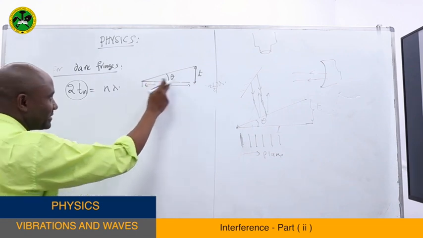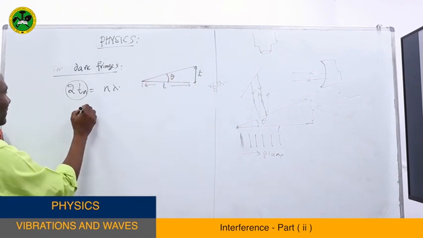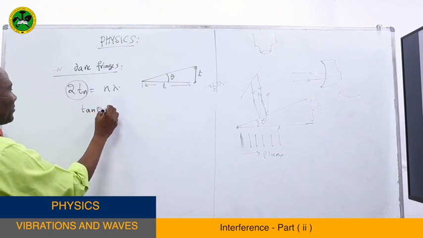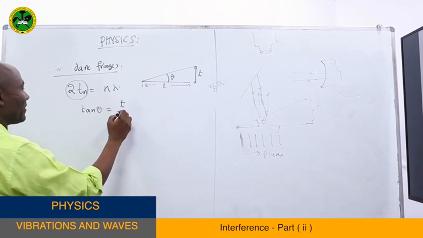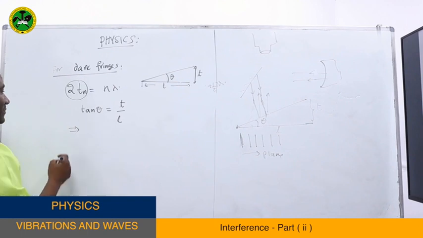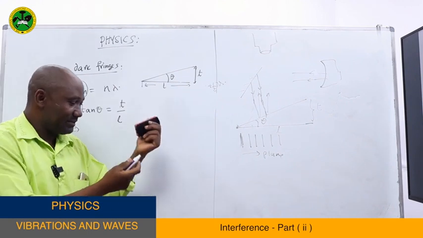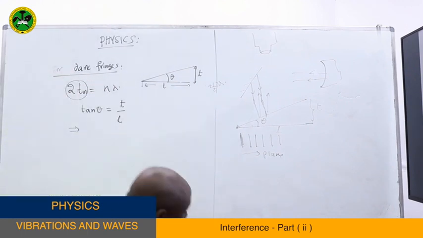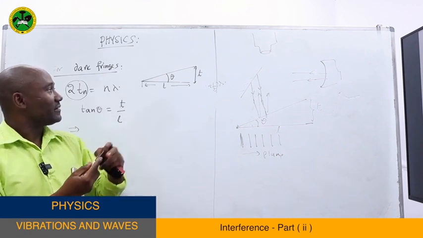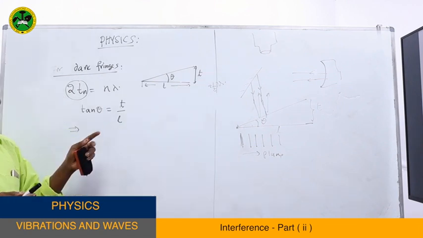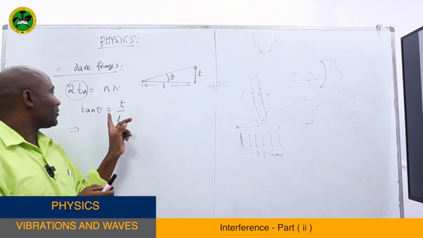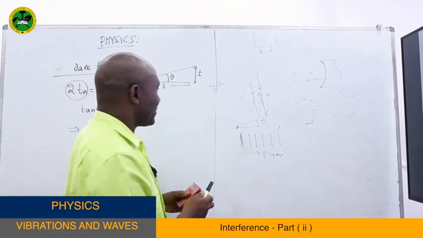And if you find from this formula, you find that tan of that angle theta equals t over L. If you know the length of the plate, and you know the thickness of the material which is in between the two plates, you can find that angle of the air wedge.